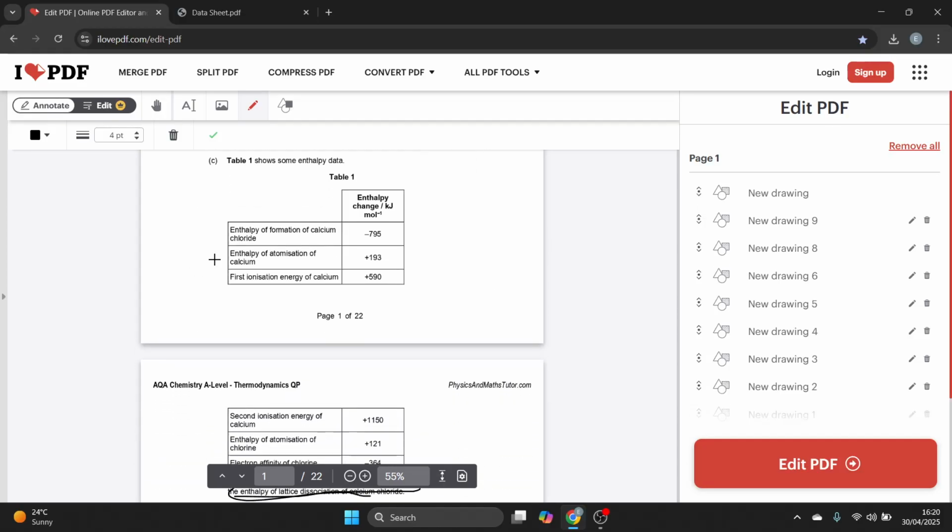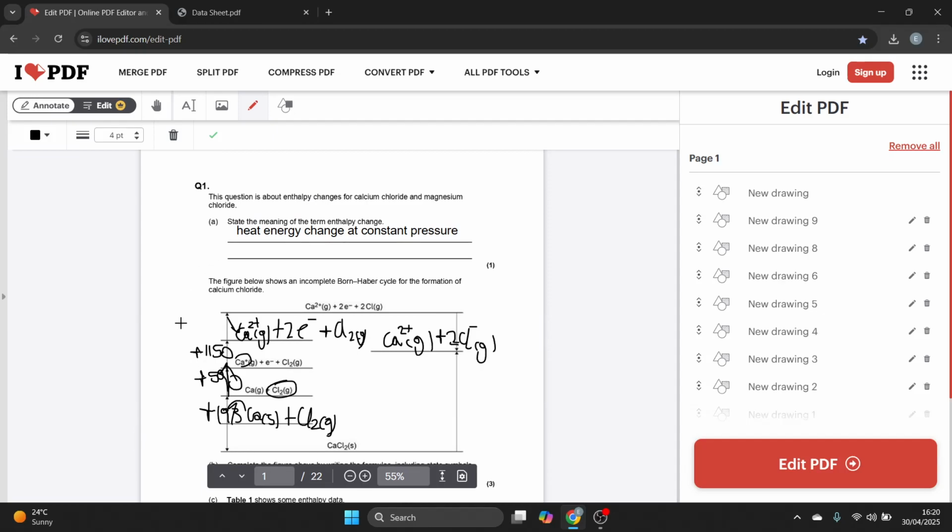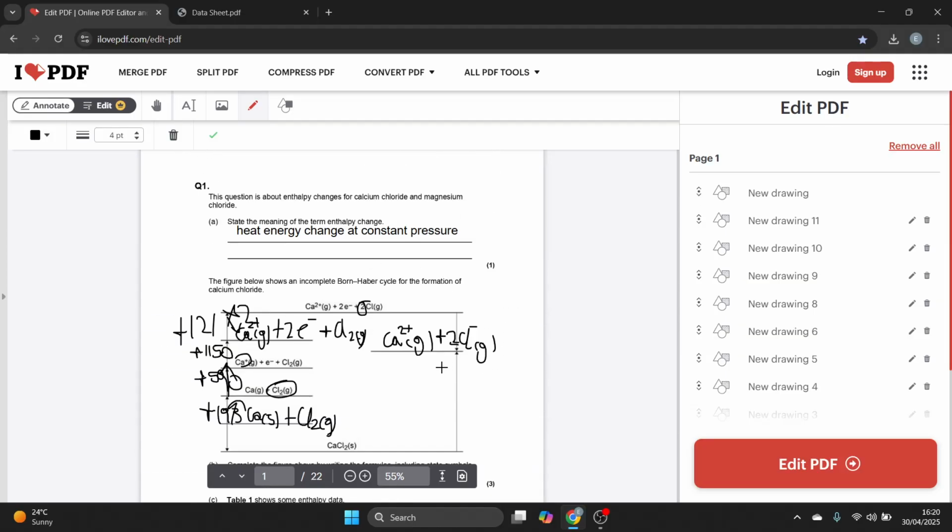And then that's the enthalpy of atomization of chlorine, so plus 121 times 2, because I've got 2 moles of chlorine. And then that is the electron affinity of chlorine, minus 364, but I need to times it by 2 again.